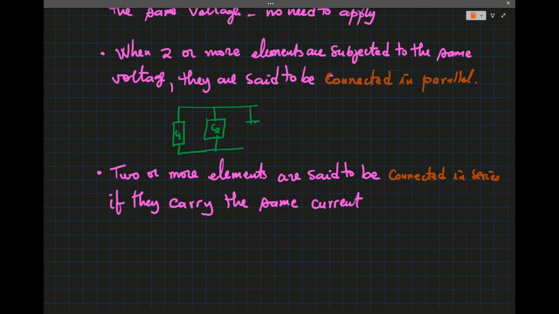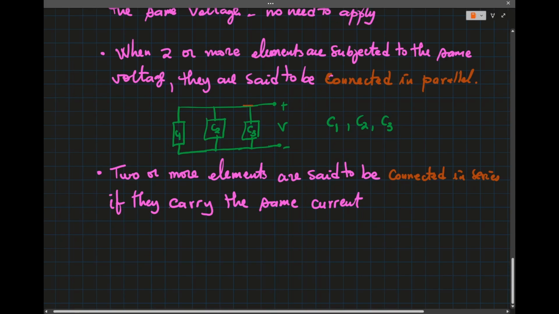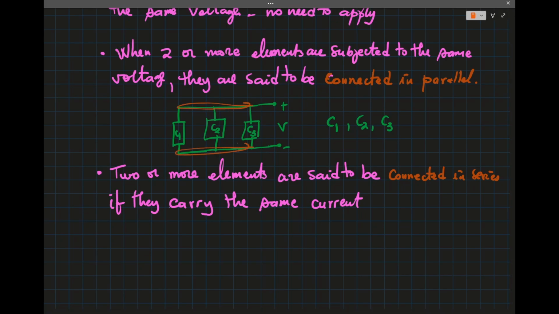I have this component that I call C3. And the voltage across them is V. So C1, C2, C3 share the same node. This is a node, and this node.